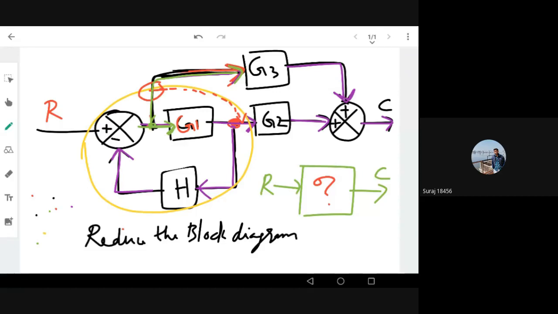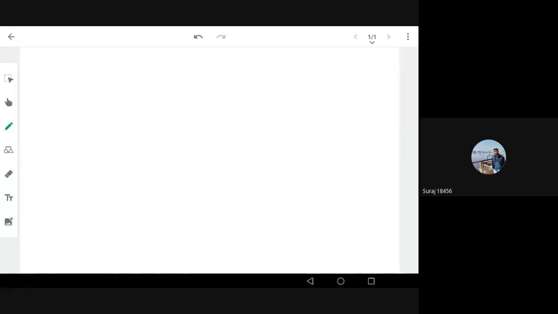I hope you're getting what I'm saying. If I take this to here at this point, my signal will be going through the gain G1 also, and I have to reduce for this gain in the top part. So one way I can reduce is, let's see. So this R is here. We'll do fast and we'll end very soon.